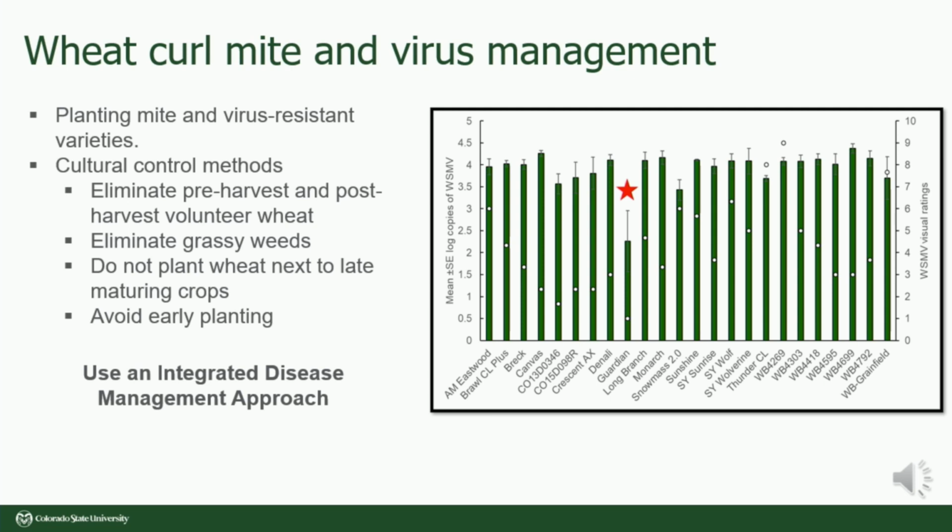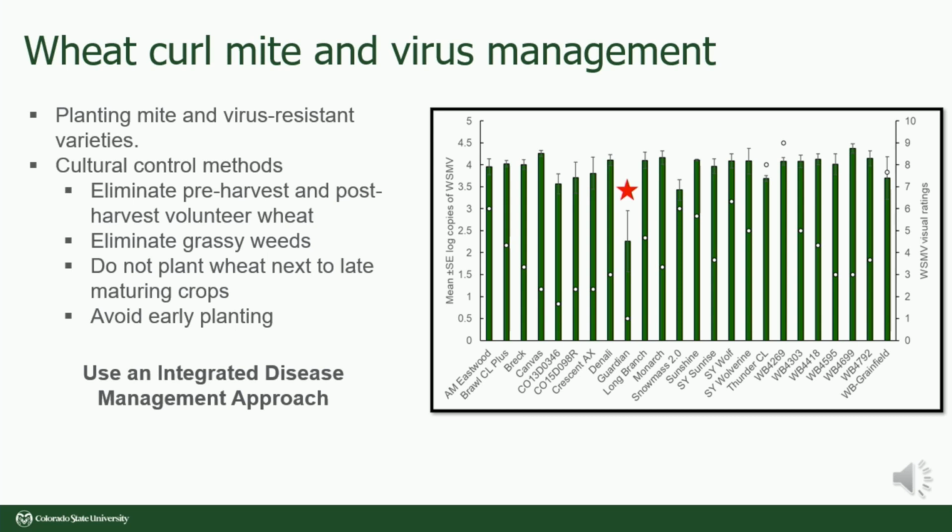But here this chart shows the virus level, wheat streak mosaic virus, that we measured using PCR in Scott Haley's irrigated variety trial in Burlington. And one variety that stands out is Guardian, that has both the wheat curl mite and the wheat streak mosaic virus resistance gene. And this is the only variety that had significantly lower virus.